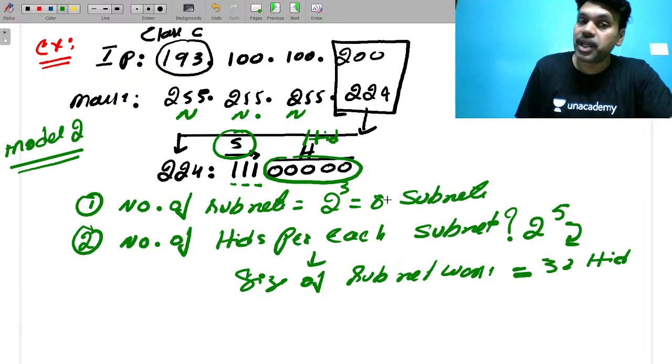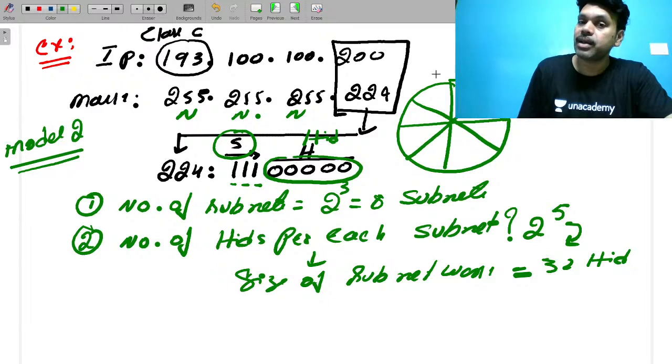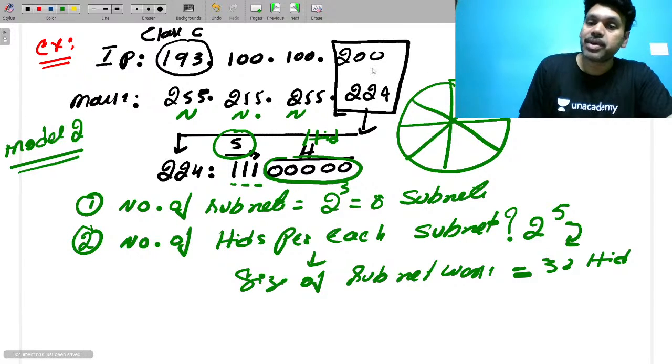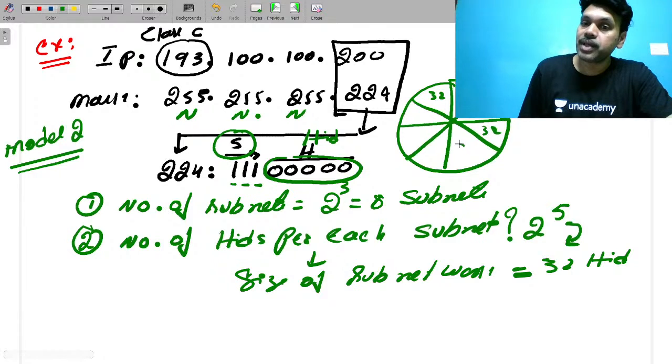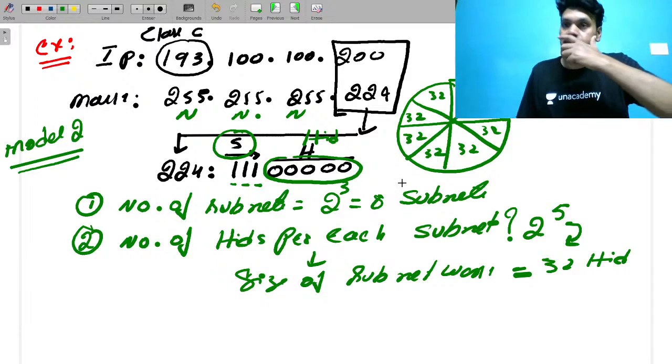What is the meaning of that? Your entire network is split into 32-size blocks, right? So let me post the numbers there: 32, 32, 32, 32, 32. This is fixed length masking, that's why every block has equal block size.